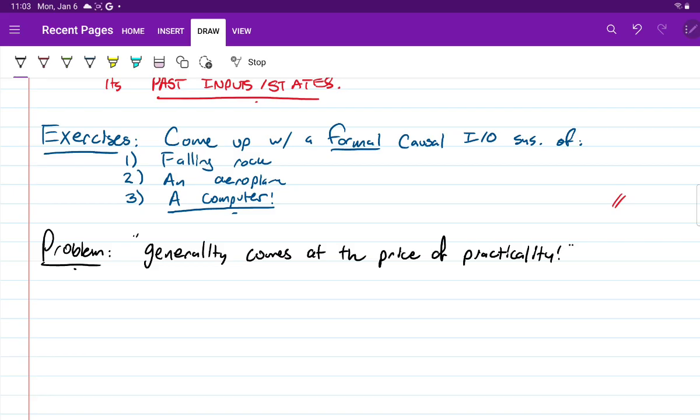This is a kind of universal principle. This holds for more or less everything. If you have a super general definition, something that applies to a huge range of examples, then it's not really a super useful definition. If we haven't assumed any particular structure, then there's not all that much that we can really say about our system.